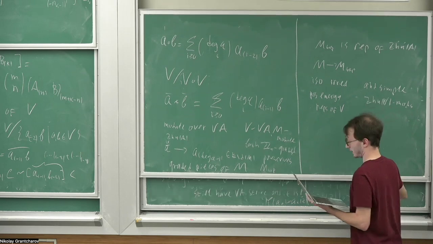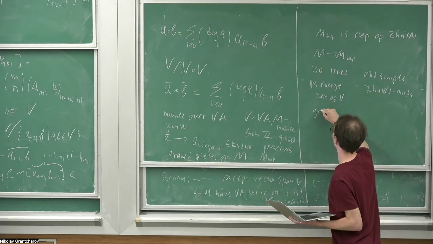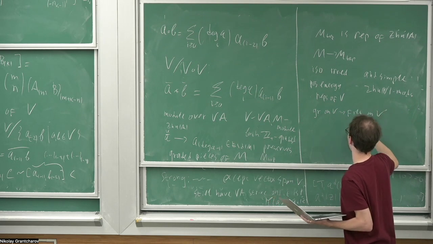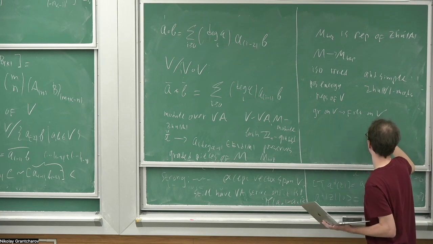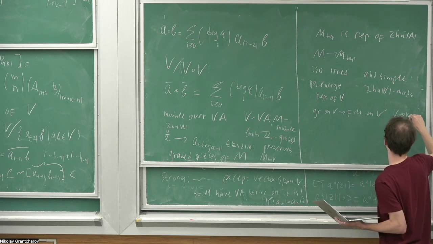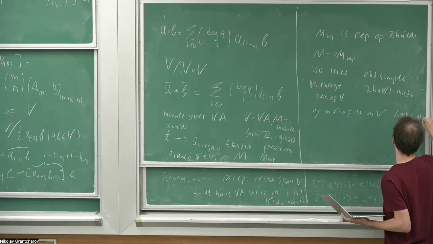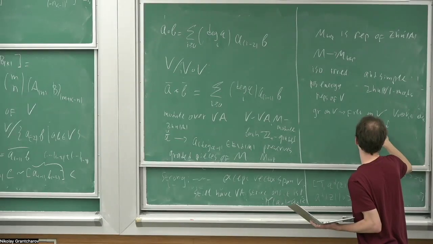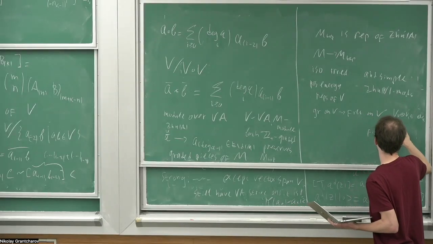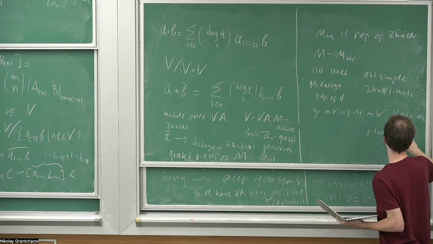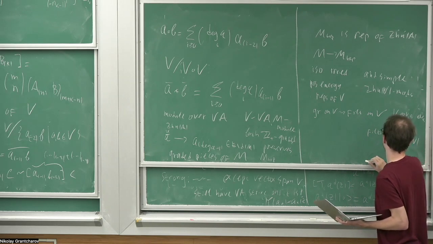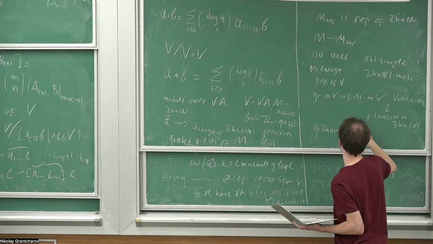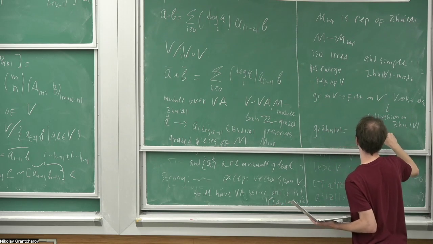From the grading on V, you get a filtration on V just by taking the first sum of graded pieces: V0 plus V1 plus dot dot dot plus Vk is an increasing filtration on V. Just taking its image, you get a filtration on this Zhu algebra. And it turns out that the associated graded is a quotient of the C2 algebra of V.